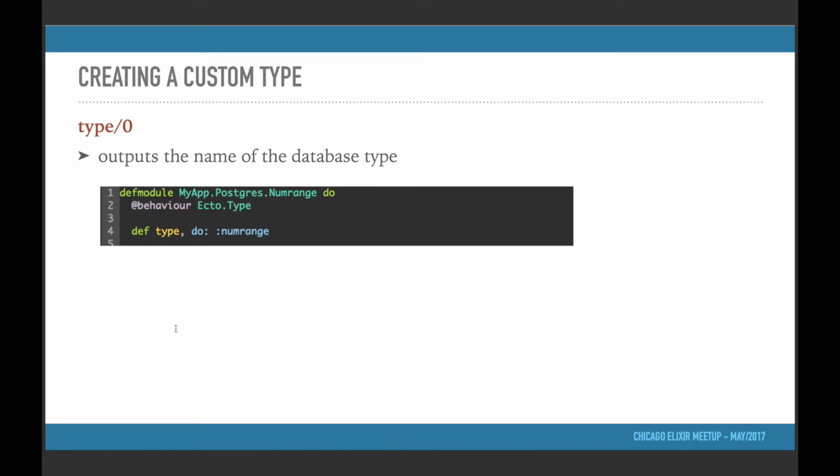The type function just defines how my database names that data type internally. So Postgres names a numeric range as numrange. This is the term that you find in the Postgres documentation. This is how Postgres identifies, oh, I know what you're talking about.